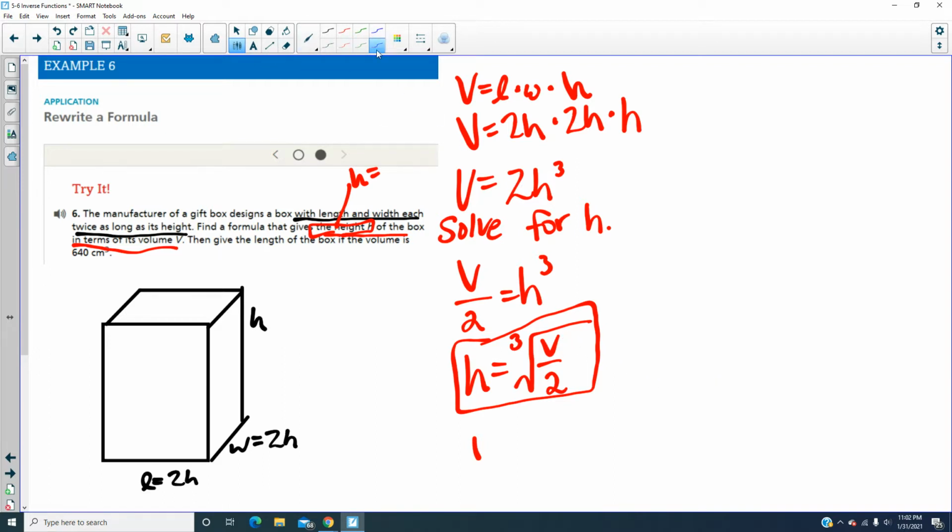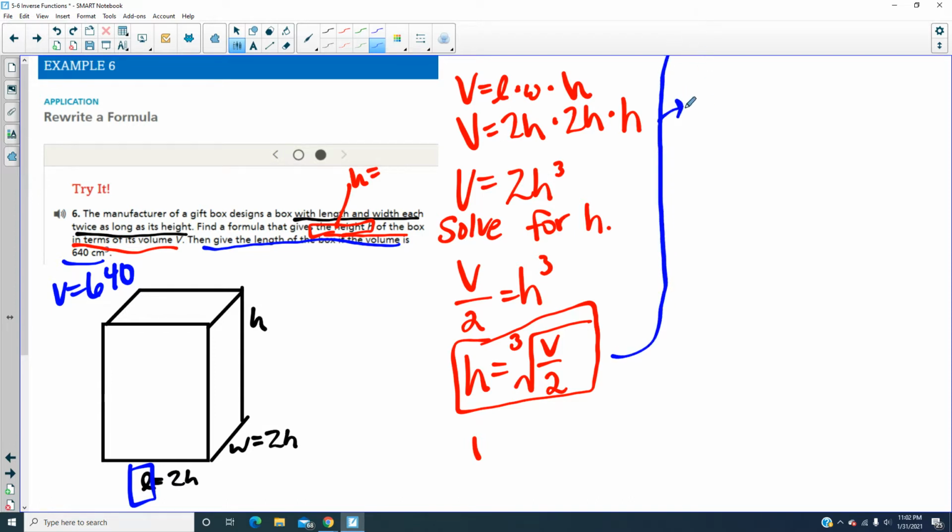Okay, then give the length of the box if the volume is 640 centimeters. So I've got to work back to the length. But I do know that the volume is 640. So let's take this formula: h equals the cubed root of V over 2.